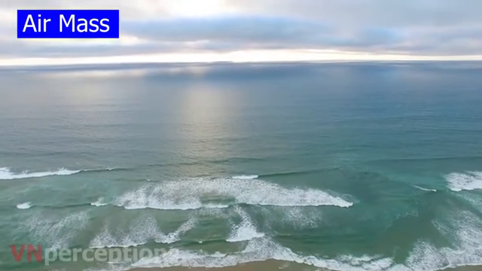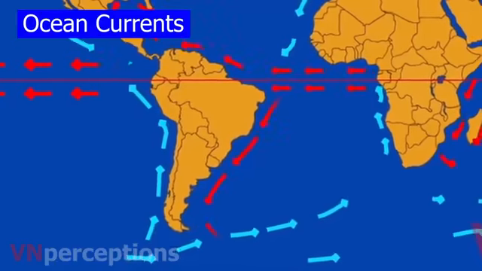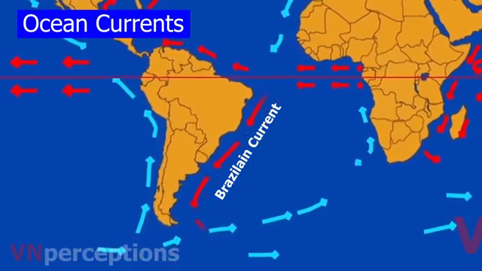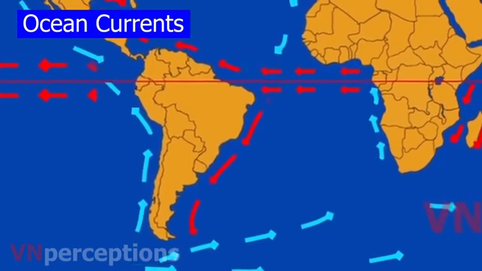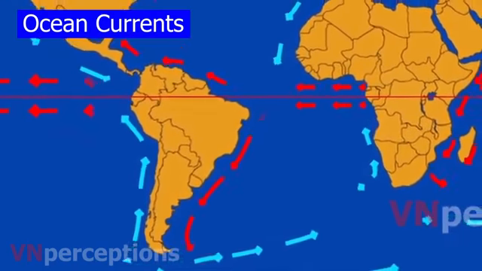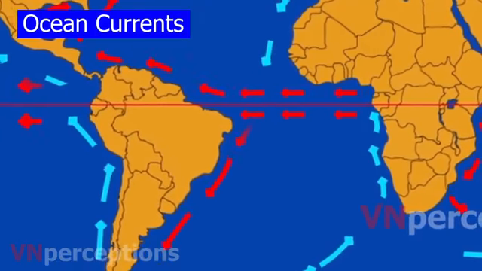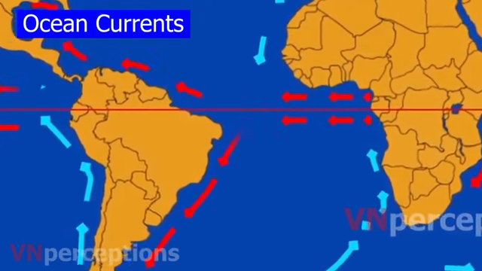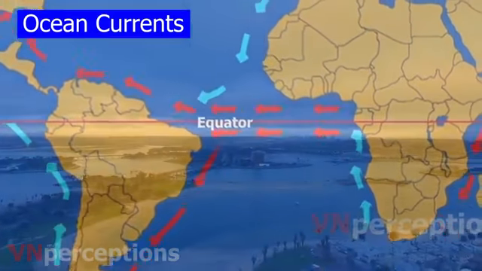Similarly, in the coastal areas, if warm currents like the Brazilian current are flowing, the coastal areas will be warm. And if cold currents are flowing like the Peruvian current, the coastal areas will be cold. You can learn more about the ocean currents from the video links that are given below.